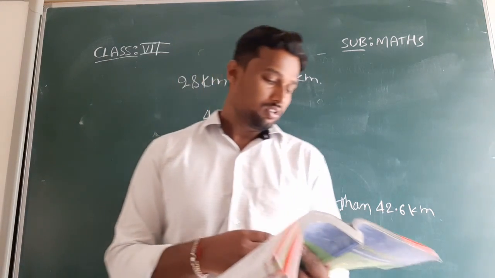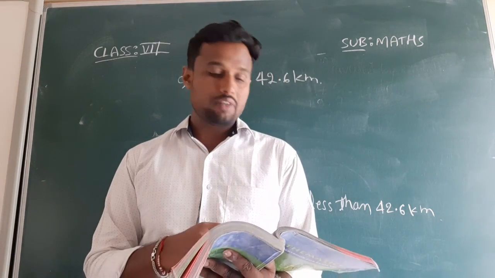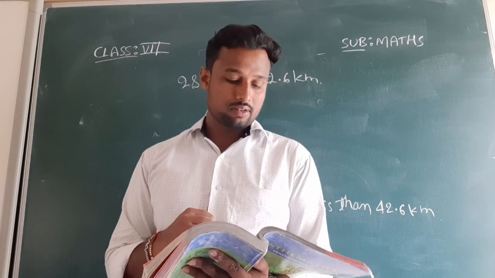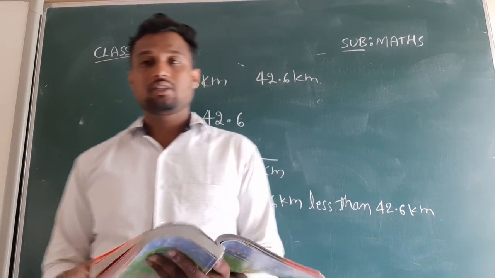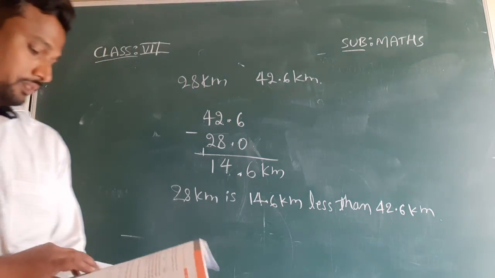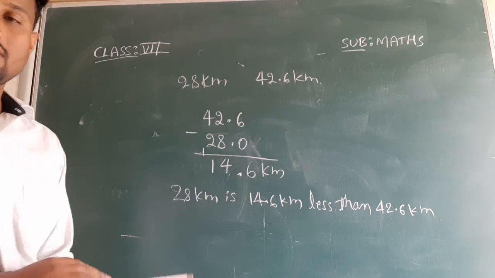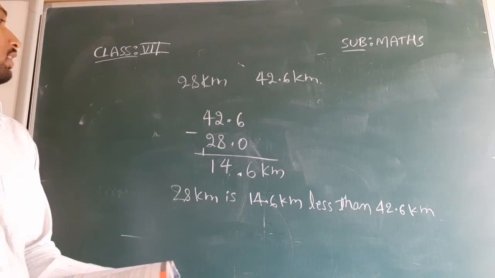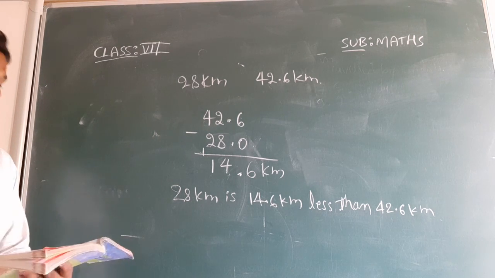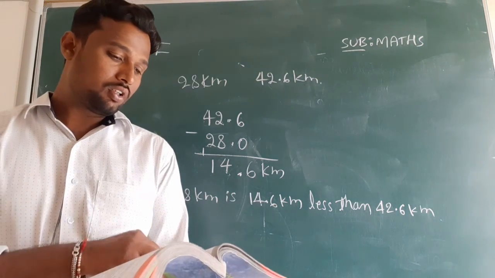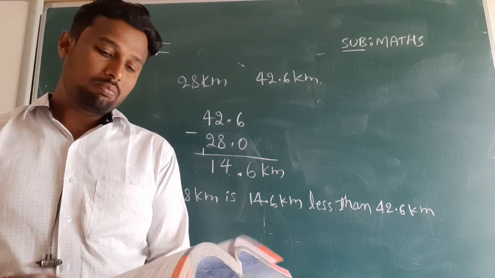And in next class I will discuss about multiplication of decimal numbers. So just now we have seen here you can see in this problems decimal number addition and subtraction, and in 2.4 already we have seen division of the decimal numbers.